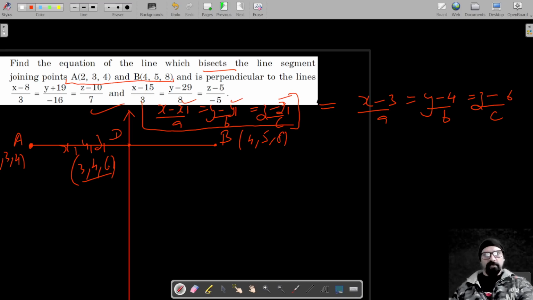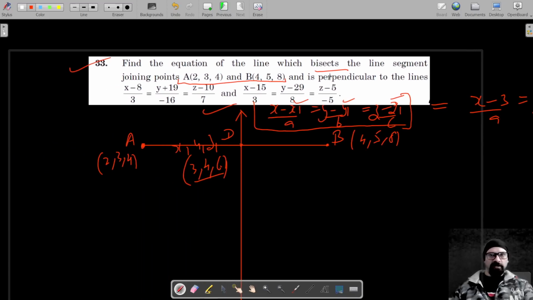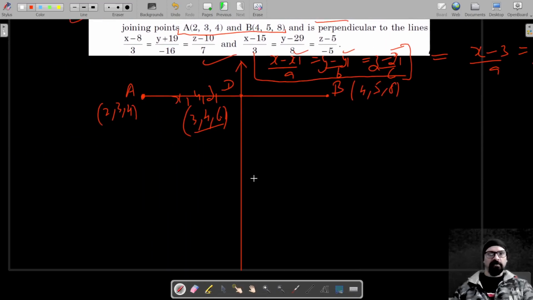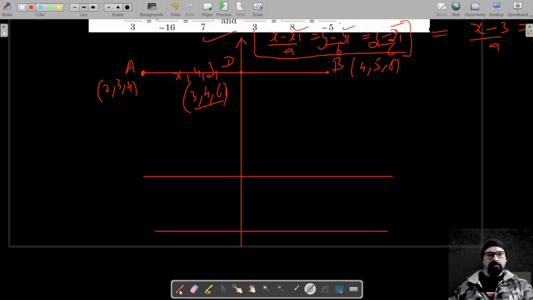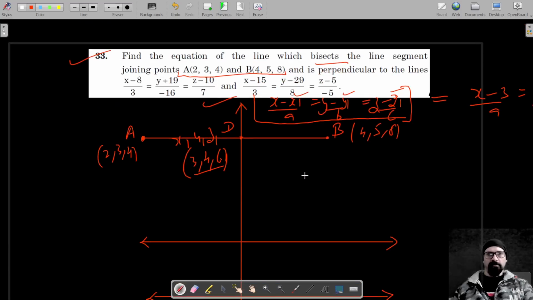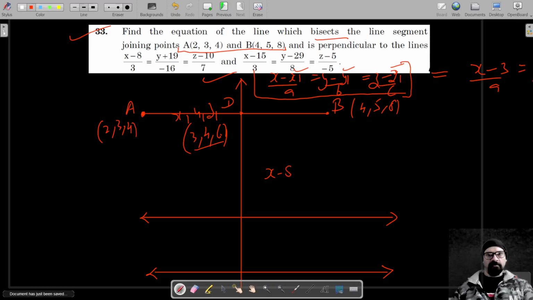For that, there are two more conditions given: this line is perpendicular to two more lines. The equation of the first line is (x minus 8) by 3 is equal to (y plus 19) by minus 16 is equal to (z minus 10) by 7.